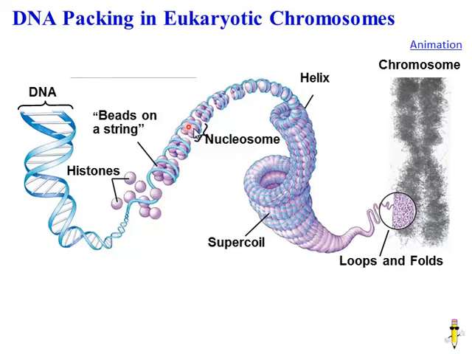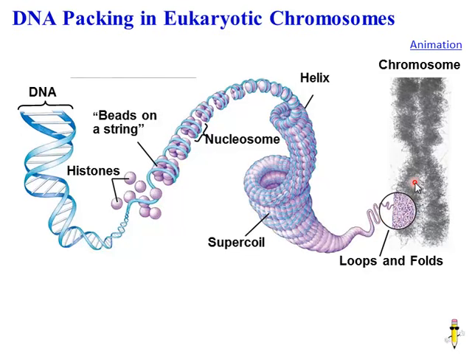The winding of DNA around the histone proteins forms a structure called a nucleosome. The nucleosomes then wind into a bigger helix, and then that helix winds into a supercoil, and then the supercoil loops and folds, and that's actually what makes up a chromosome.